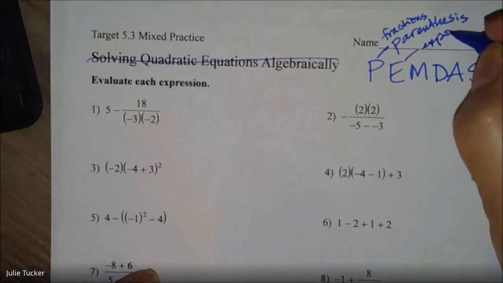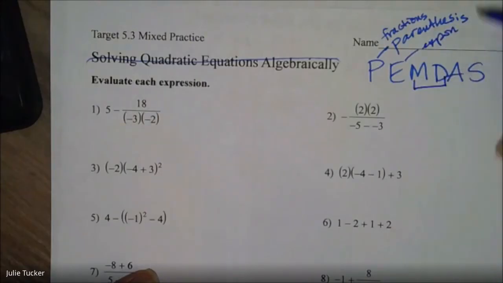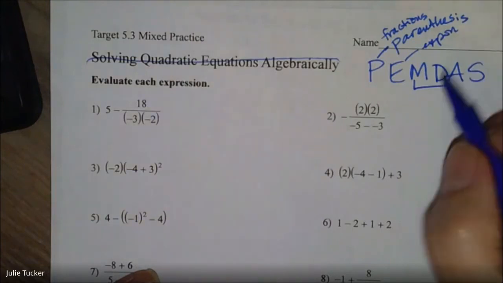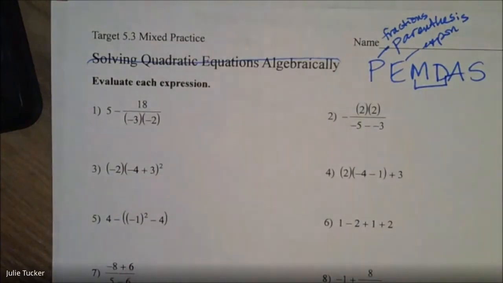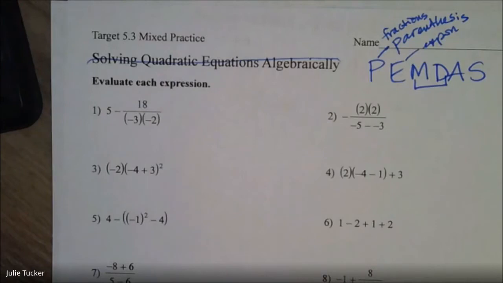Good. And then M and D, that's multiply and divide. When you do multiplication and division, they are the same level of problem. The type of problem is the same. So you do them simultaneously on the same level, and you work them from left to right.